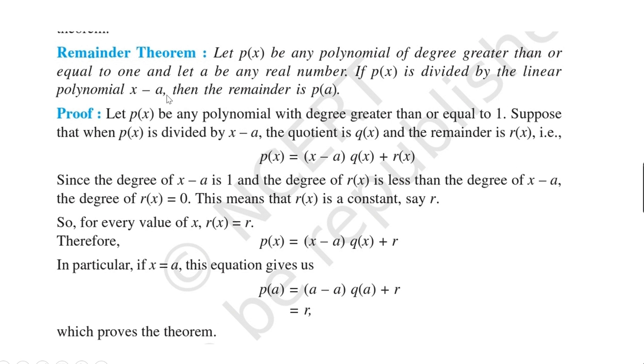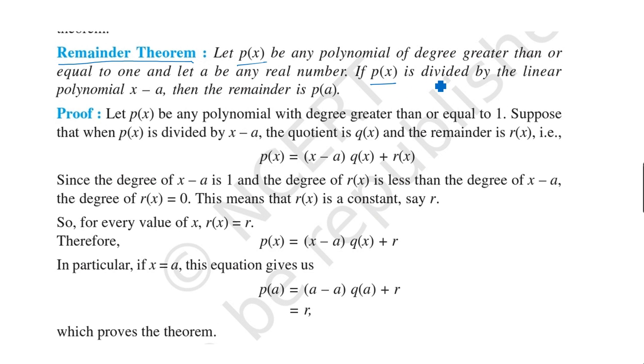Now, if the divisor is of degree 1, then we get a remarkable theorem known as the remainder theorem. Suppose P(x) is any polynomial of degree greater than or equal to 1 and a is any real number.